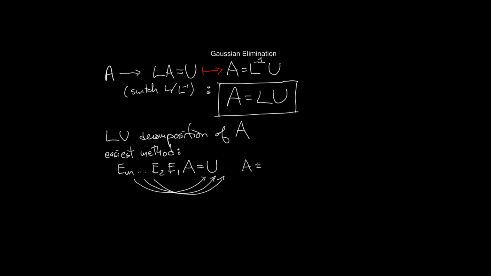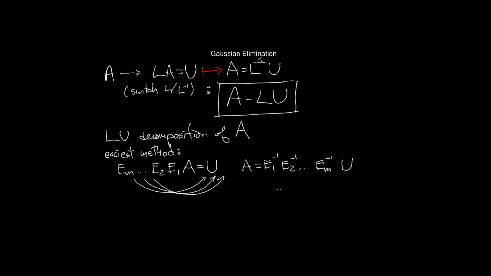And you write A is equal to E1 inverse times E2 inverse down to EM inverse times U. And that's a very easy step to do, and it moves the L to the other side.